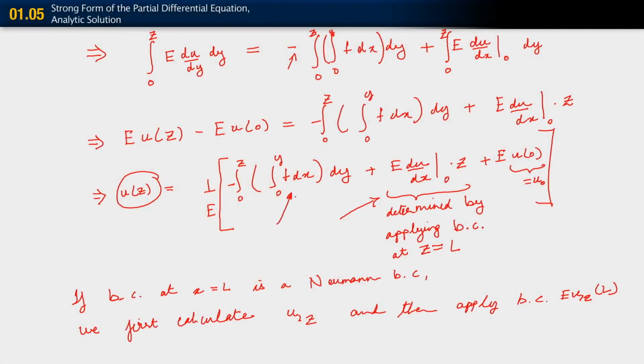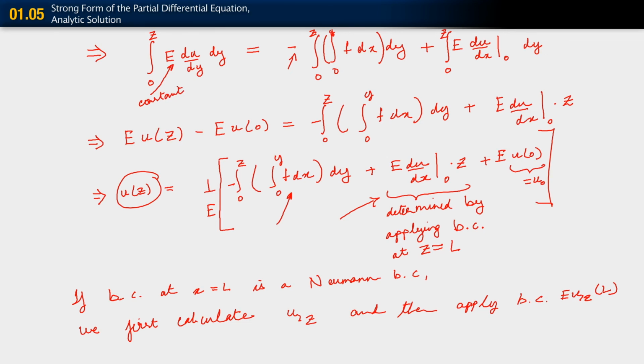Furthermore, we did observe during the process that I simplified things by saying that E is a constant. That does not always have to be the case. I assumed E were a constant to go through the process.